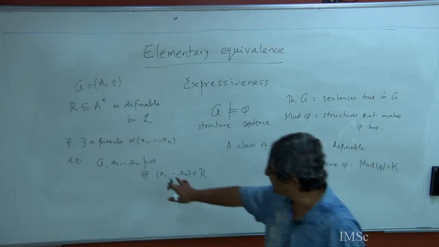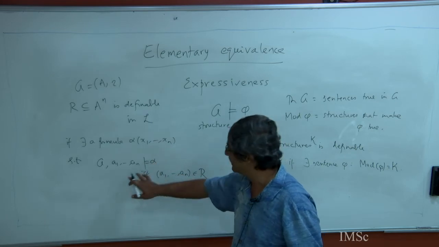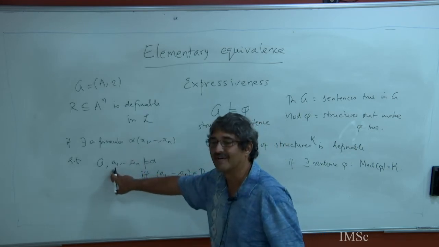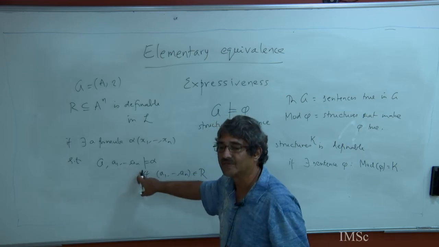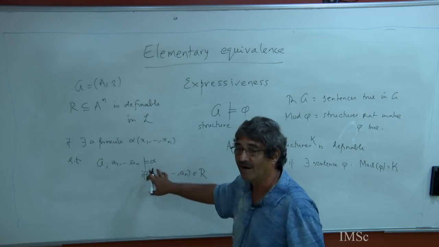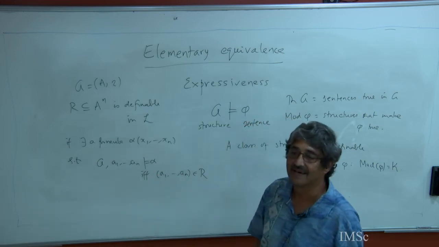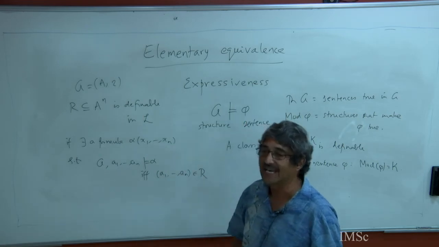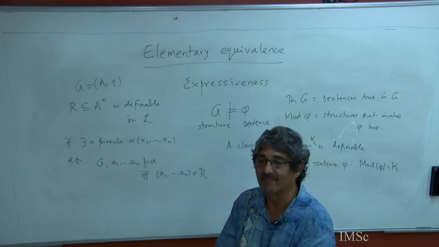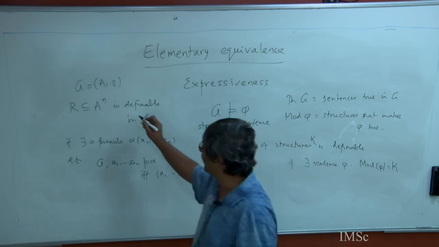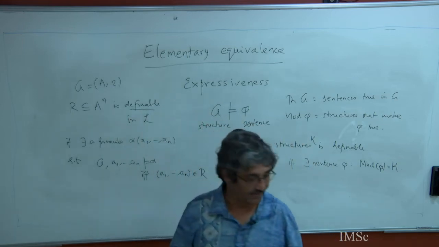If I take all the tuples that satisfy alpha, this notation is to say the free variable x1 is getting the value a1, x2 gets a2, and so on, xn gets an. Under this assignment, this model satisfies alpha if and only if it's in the relation. So basically, if I look at the set of tuples that make the formula true, that's exactly the relation R.